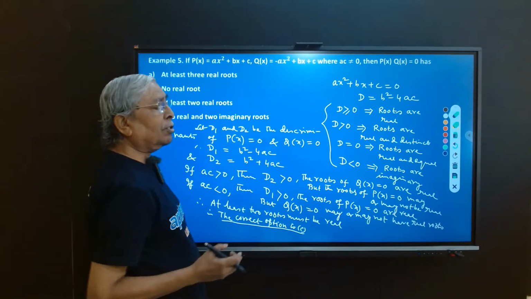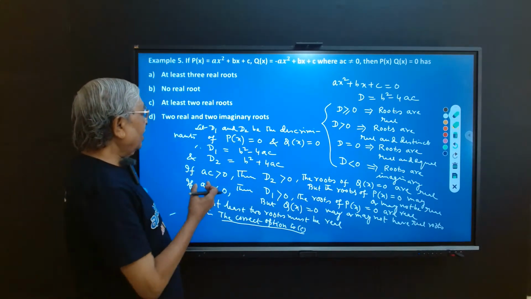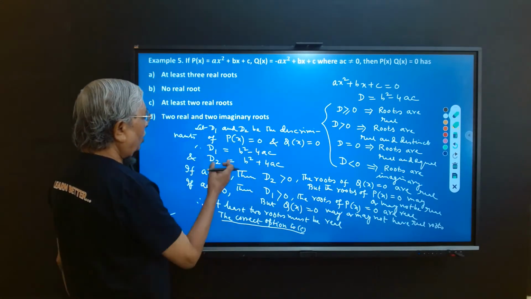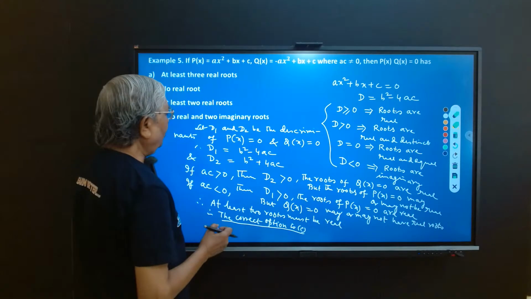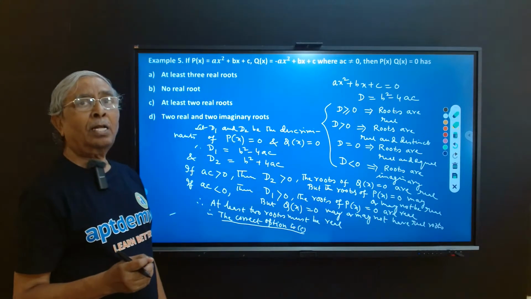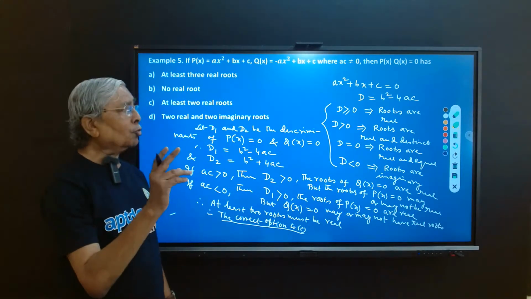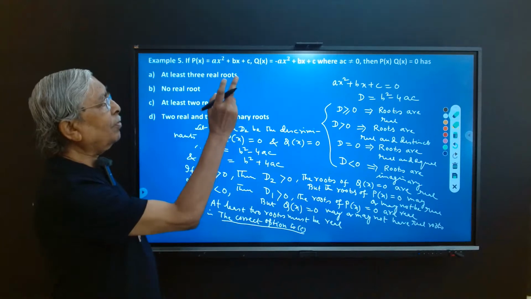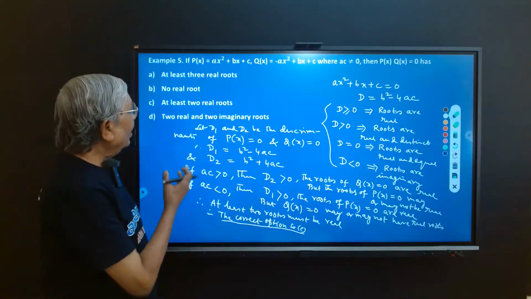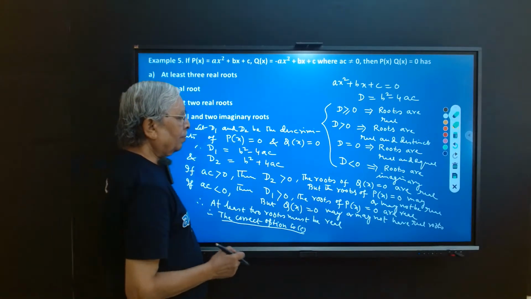So the roots of Qx equal to 0 are real. Second case, you take AC less than 0. So d1 is positive. That means the roots of Px is equal to 0 are real. So in both the cases, at least two roots. The equation Px into Qx equal to 0 has at least two roots which are real. And we are given the third option is this. So the correct option is C.